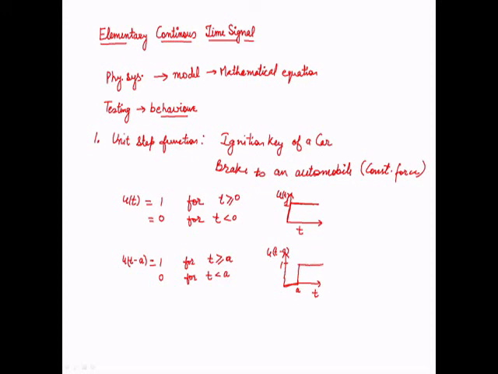So it starts here at 1. So it means the value of u(t minus a) is going to start at a. So this is a fundamental concept when we are going to represent a unit step signal by delay or by shifting the value of the signal by an argument a.